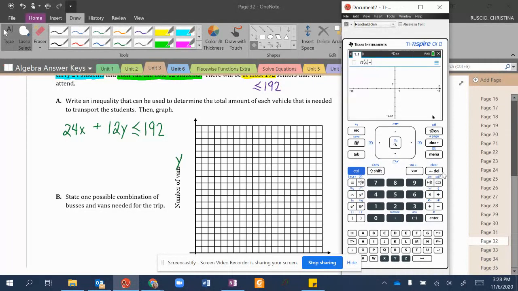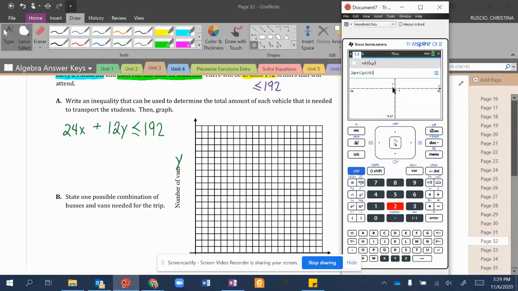So we're going to add a graph. We need to add in a relation because we don't have it in slope-intercept form. And I'm going to graph 24x plus 12y, control equals gives us our symbols, less than or equal to 192. Please, I can't stress this enough, do this on your calculator with me.